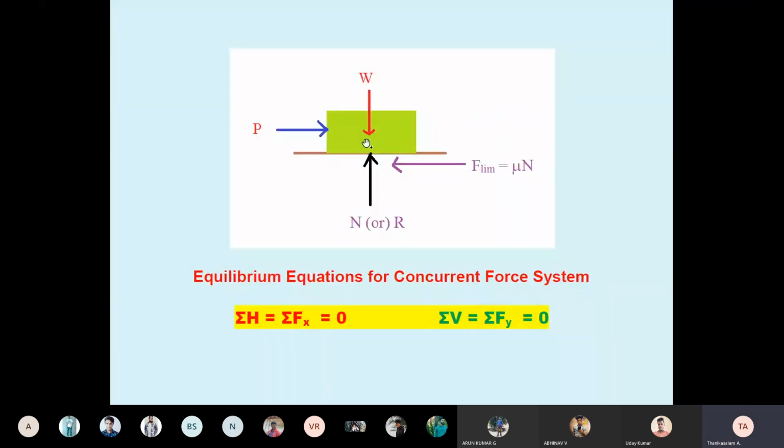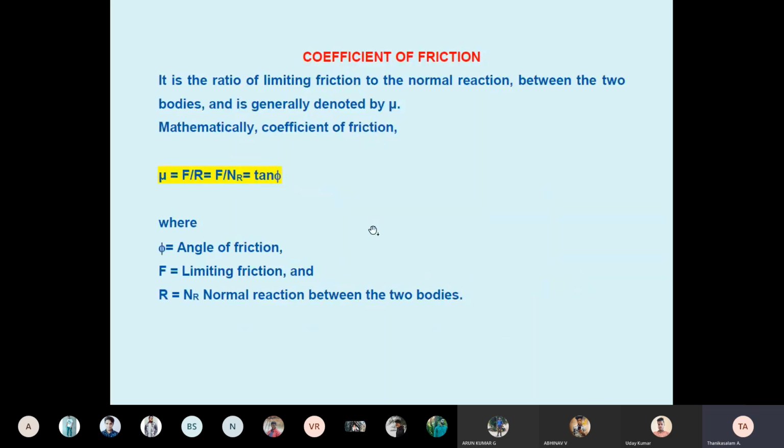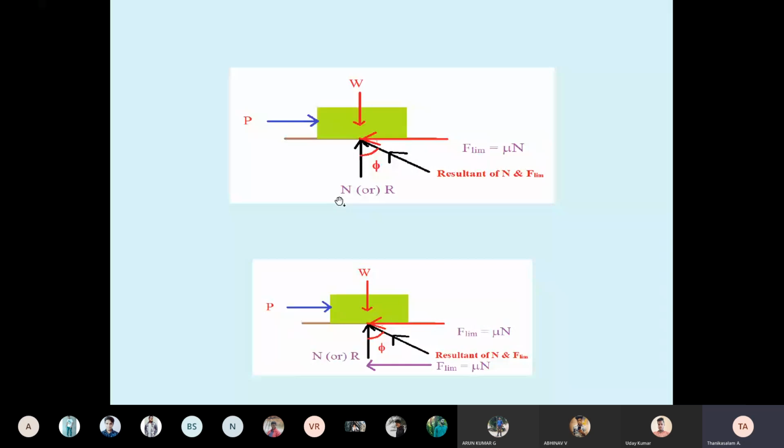Second, the free body diagram, then the equilibrium equations. Then tan phi. Students, tan phi, angle of friction, tan phi equal to mu or F divided by R or F divided by N. You can use anything. So remember phi equal to angle of friction. What is the definition for angle of friction? This is the diagram.